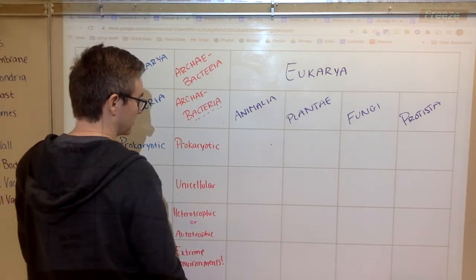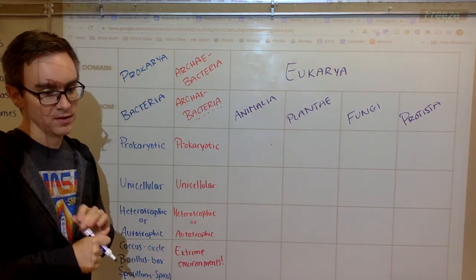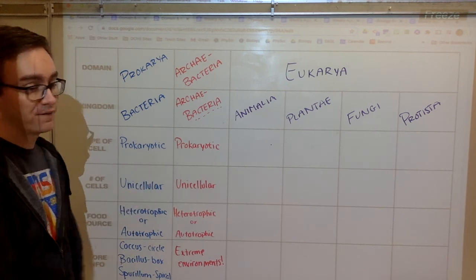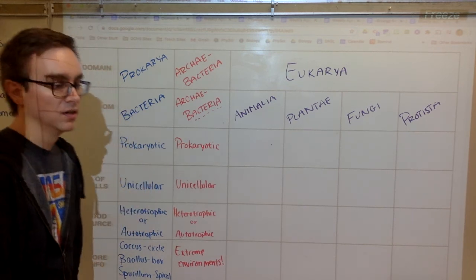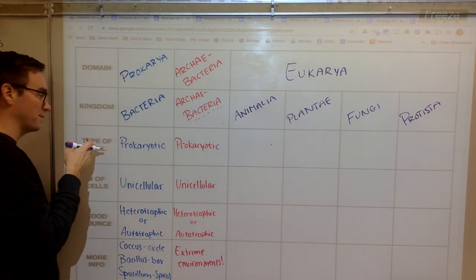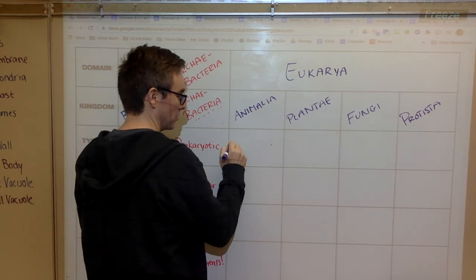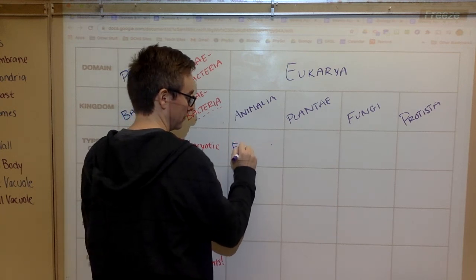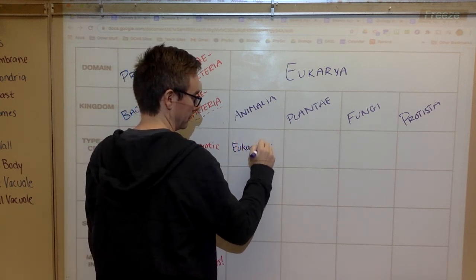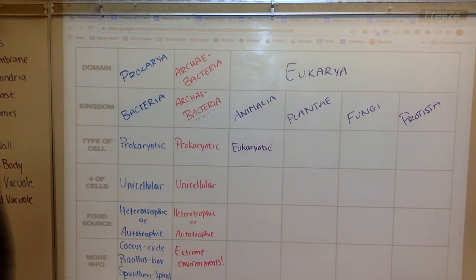All right, now let's get into the juicy ones here. Talking about Eukarya. Start with the very first one, the one that you fit into. These are Eukarya, or domain Eukarya, which means they are mostly identified by their type of cell. This is going to be a eukaryotic cell. All right.